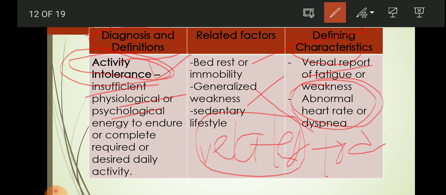So, activity intolerance, this is your problem, related to generalized weakness, that is your related factor, as manifested by, that is your defining characteristic, as manifested by dyspnea. Okay? Then you also put here his respiratory rate, since the normal RR is respiratory rate. I know it sounds confusing, but I hope you try to follow my lecture.